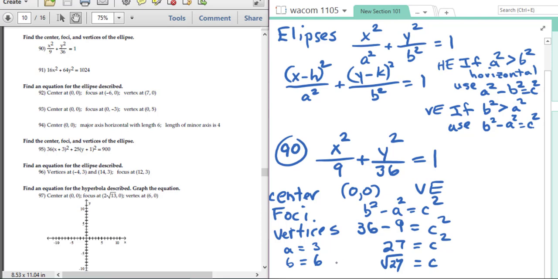And I think they want you to simplify that. 27 is made out of 3's, so you'll take one 3 outside and one 3 stays inside. That's simplified.